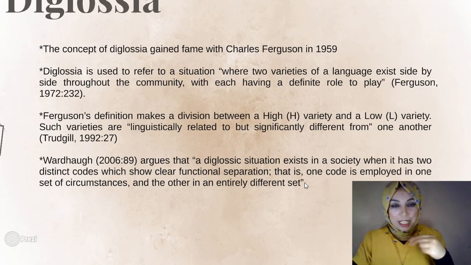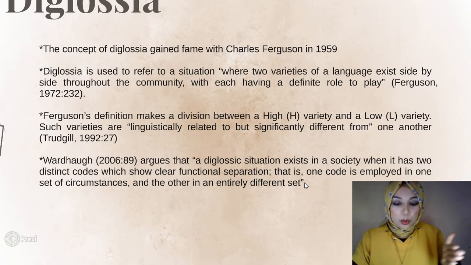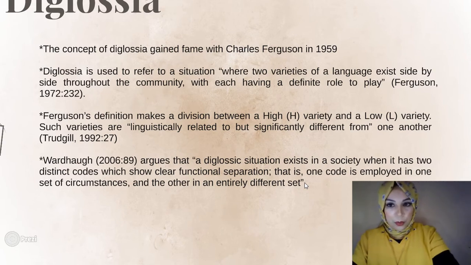They coexist in one speech community, but the members of the speech community assign different rules of use of each code in a given context, in a given situation, for some purposes. That is, the purposes are definite: where to use this code, where to use the other one.